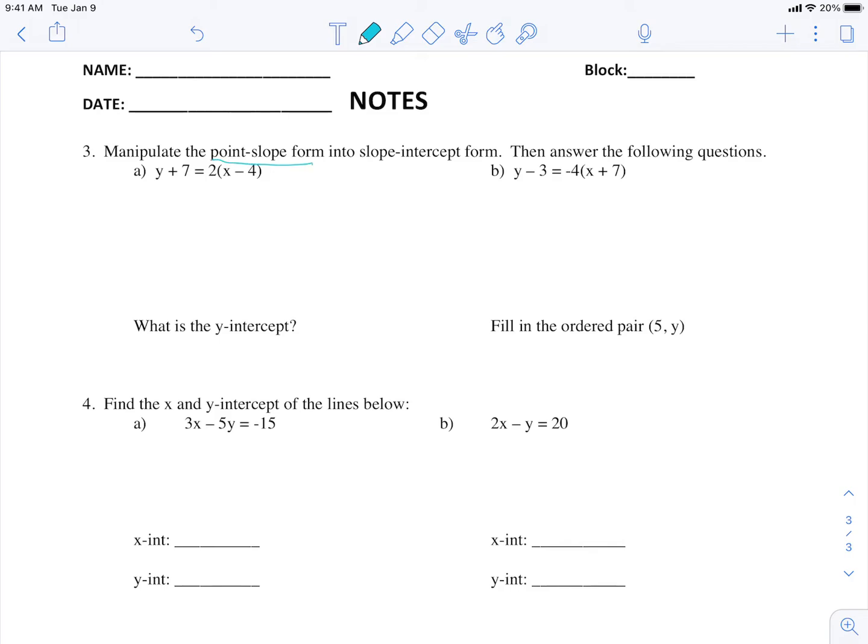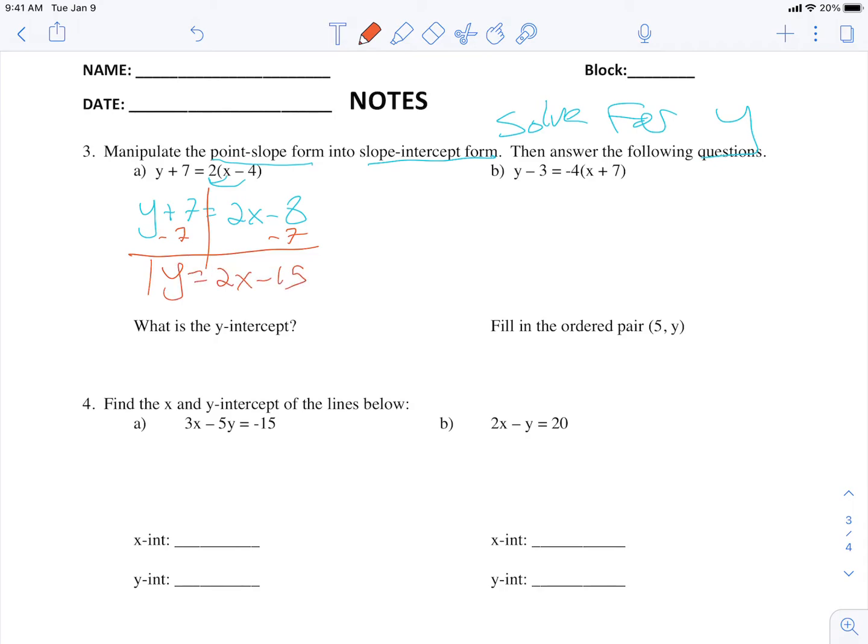So we're going from point slope form to slope intercept form, in other words, solving for y. Distribute: y plus 7 is equal to 2x minus 8. Subtract 7: y is equal to 2x minus 15.